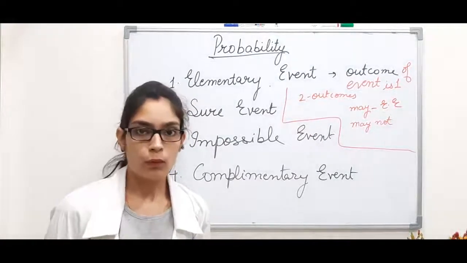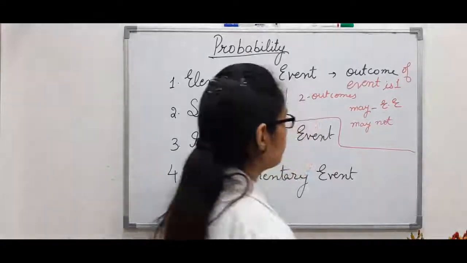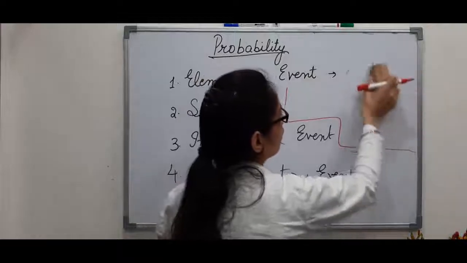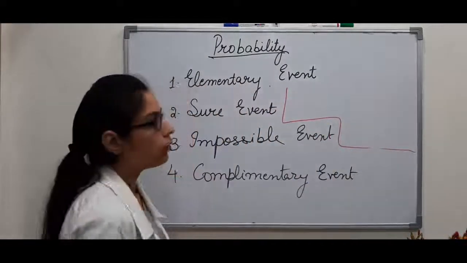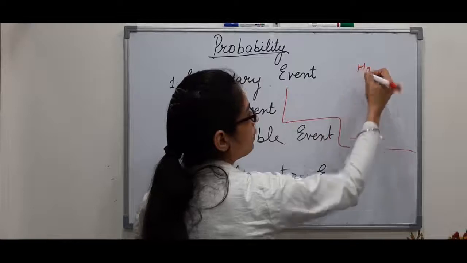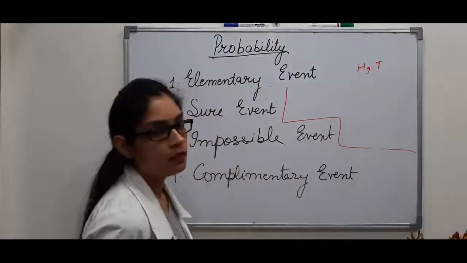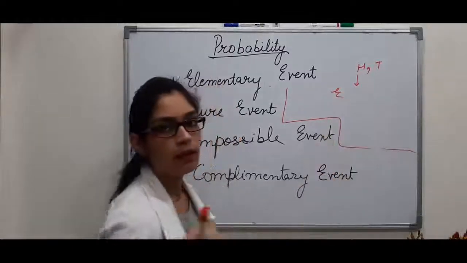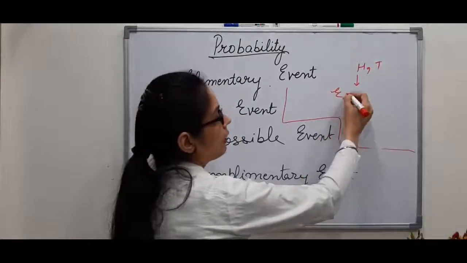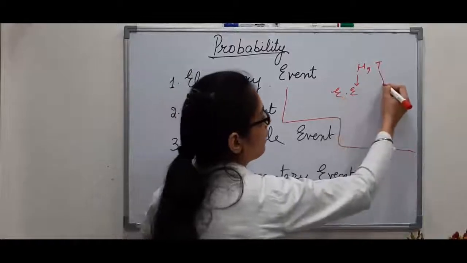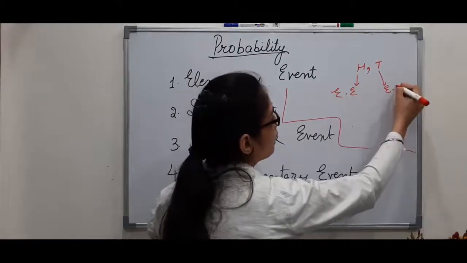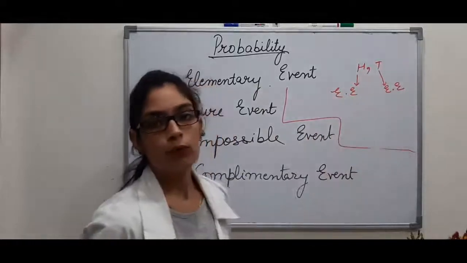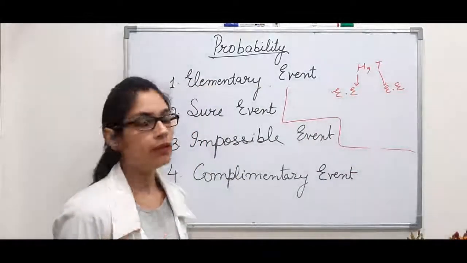So we can take one more example also, if this is not very clear. On tossing a coin, you can either get head or you can get tail. So getting a head is again an elementary event. Getting a tail, again it will be an elementary event. So one single outcome is known as elementary event.